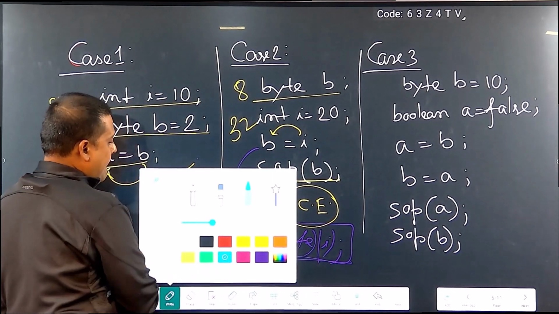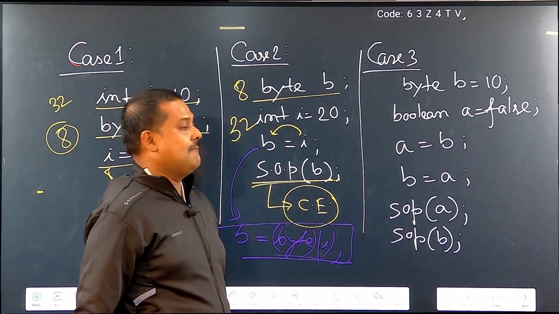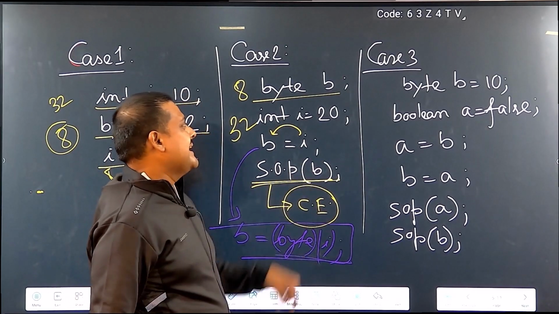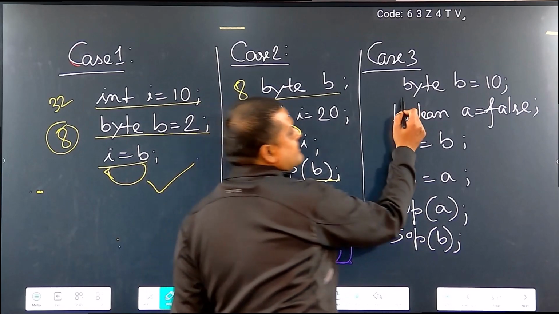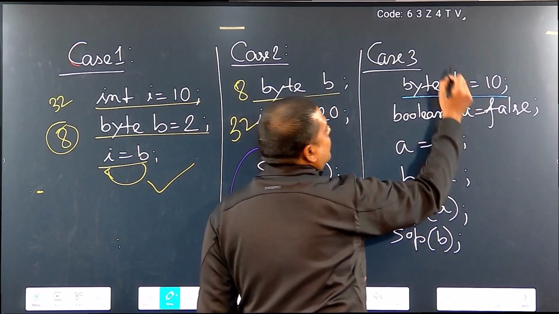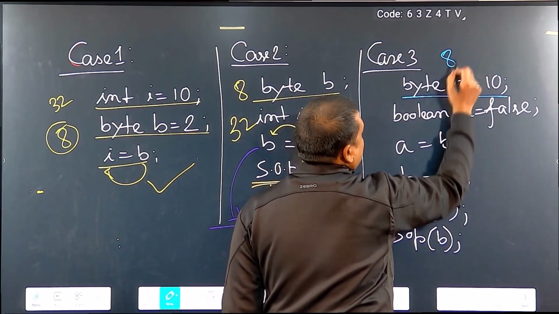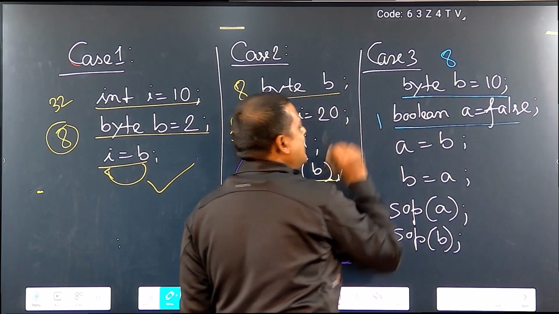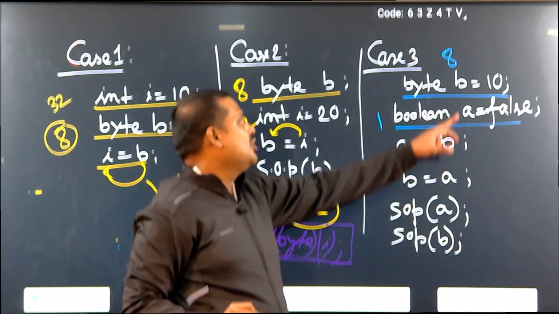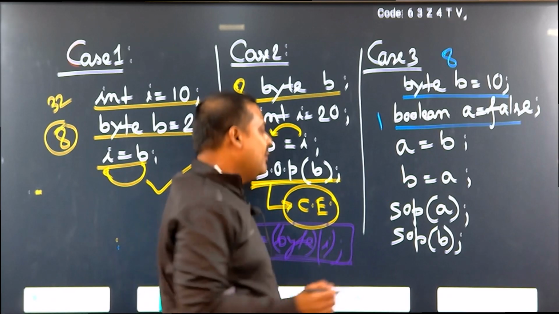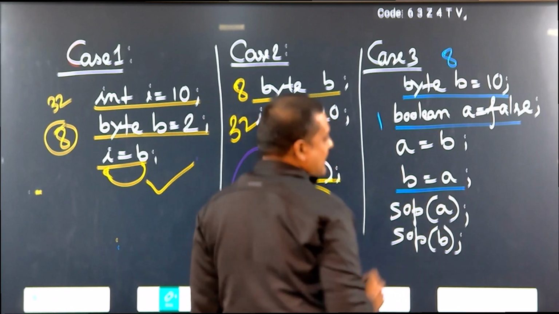Okay. In this case, think about this example. Here, byte is 8 bit and boolean is 1 bit. Now, I am trying to store b inside a, or the other way around. What will happen in this case?